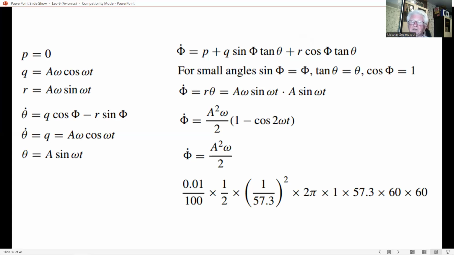For example, a cyclic coning motion resulting from angular motions of 1 degree amplitude and 1 Hz frequency, measured by gyros with a scale factor error of 0.01%, results in a rectified drift rate, from this expression, equal to 0.01 over 100 times 1 over 2 times 1 over 57.3 squared times 2π, and that gets us about 0.02 degrees per hour, which is significant in an INS, inertial navigation system.